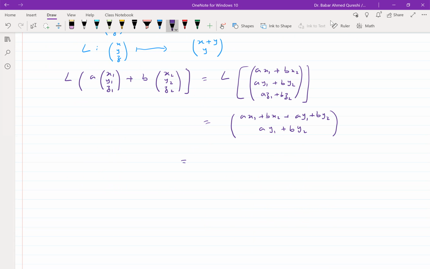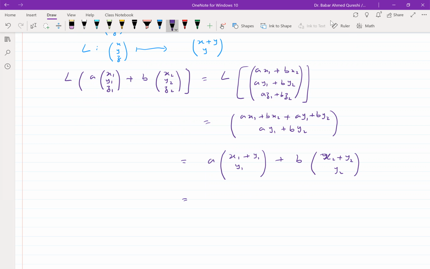But this I can split. Because I know how I add these vectors, I can write this same vector as a times (x1 plus y1, x2) plus b times (x2 plus y2, y2). This is the same vector; I have just split it up.